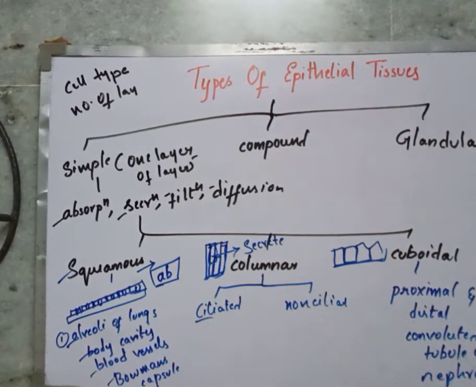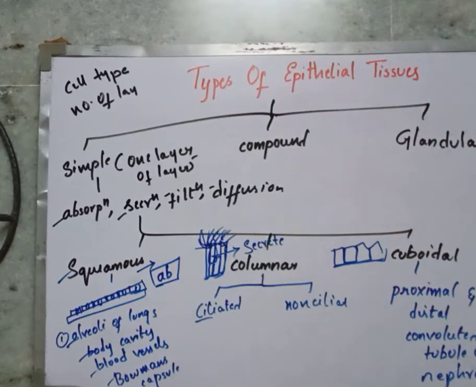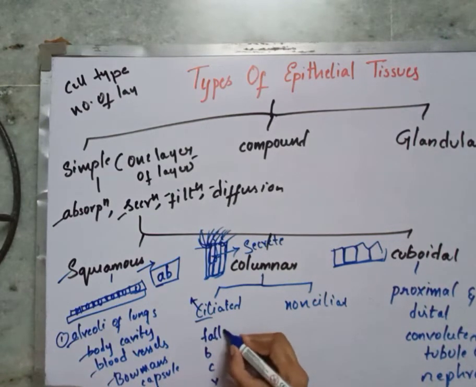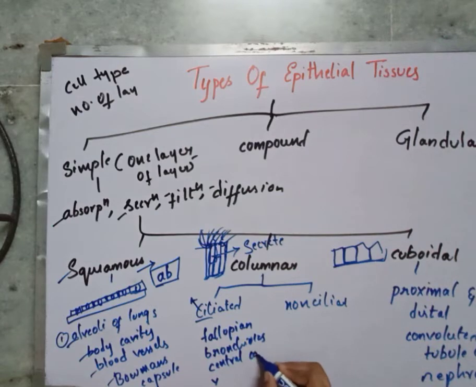So ciliated means they contain tall cells and goblet cells, but they also contain cilia, such as short hair-like structures above the cells. So it is called ciliated columnar epithelium. The examples or the location of a ciliated columnar epithelium is F, B, C, V. F means fallopian tubules, bronchioles, and the central canal of spinal cord, and the V means ventricles.